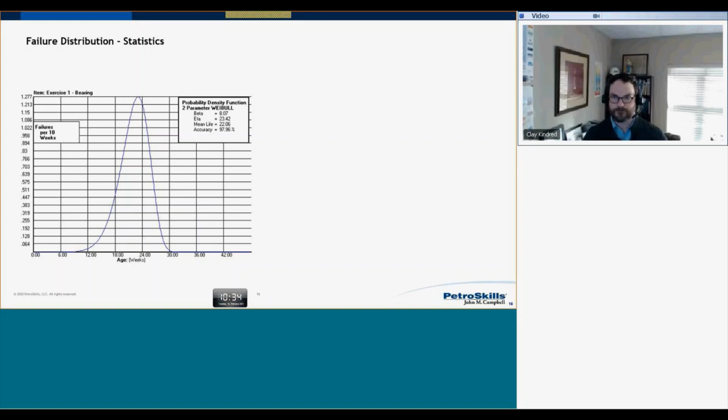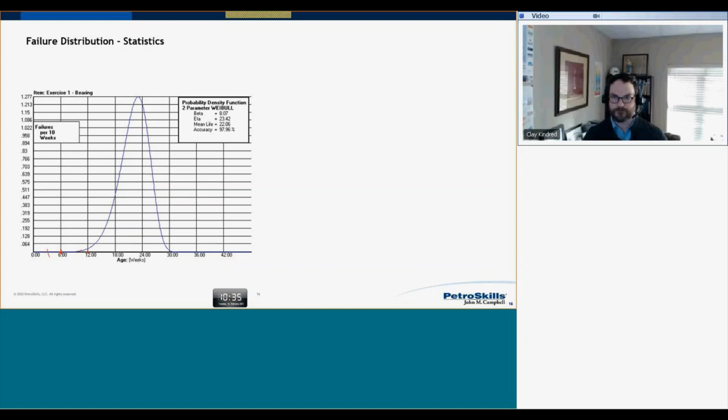Right, let's get a little bit into statistics. This is some data we've got from some bearing failures. And what we've done is we said, how many failures have you had when this piece of equipment is less than, say, 6 weeks old? None. How many failures have you had between 6 weeks and 12 weeks?